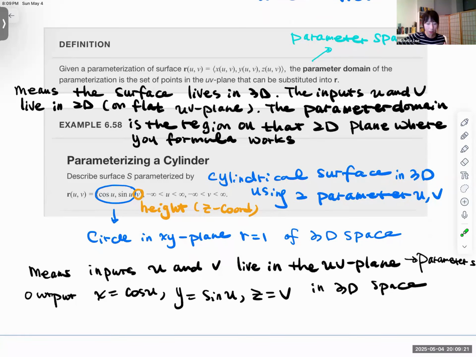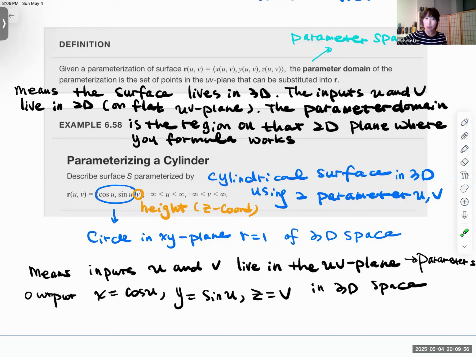This example describes a surface parameterized by R of (u, v) equal to (cosine u, sine u, v), where u goes from negative infinity to positive infinity, and v goes from negative infinity to positive infinity. This will be a cylindrical surface in 3D using two parameters, u and v.